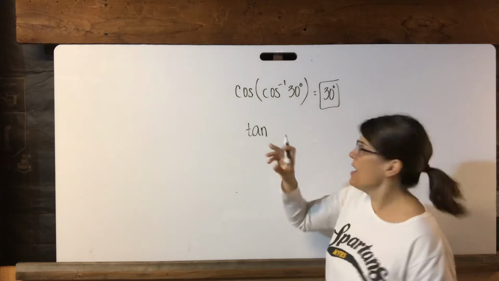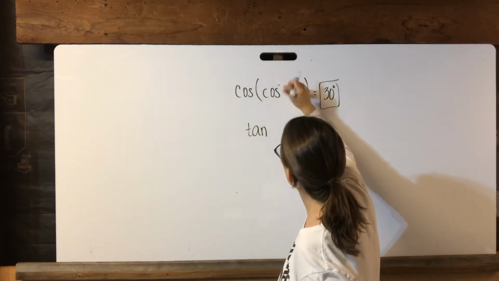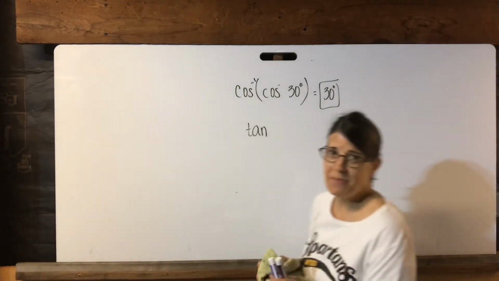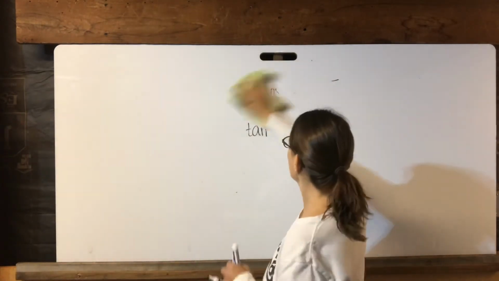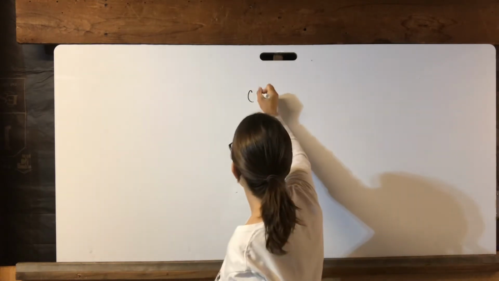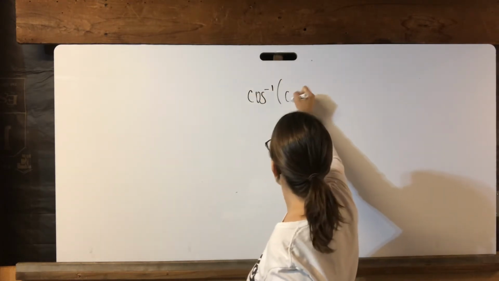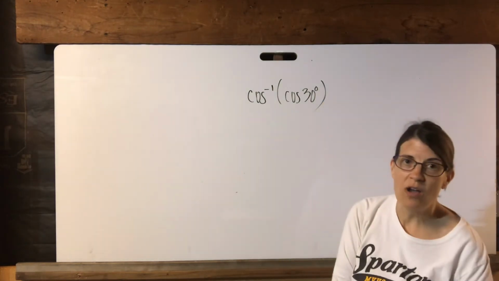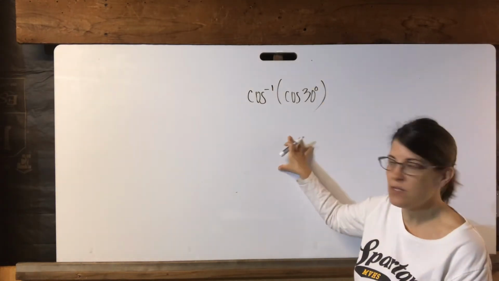I'm not going to lie, I messed this up. The inverse should be here. Sorry. I don't want to stop the whole video and start over. I had the inverse in the wrong place. Sorry, this is the correct way to go.